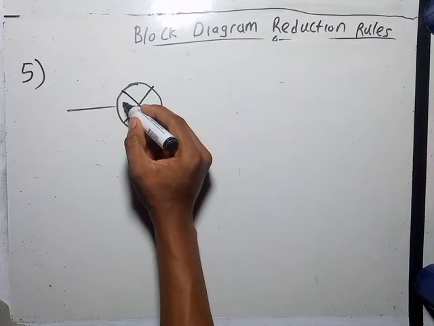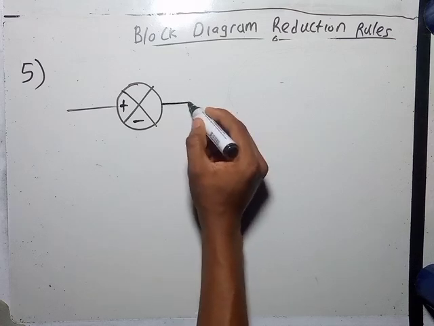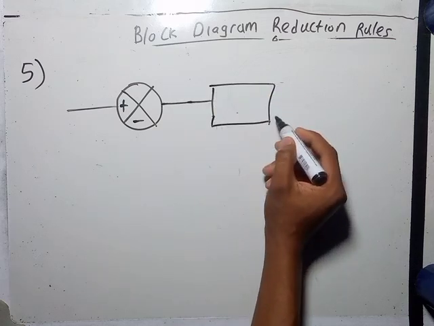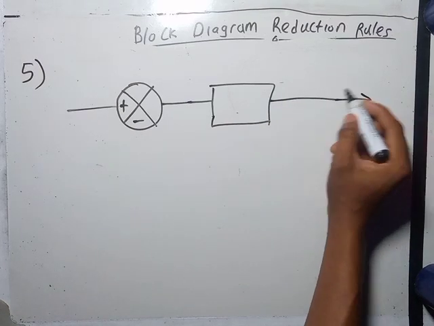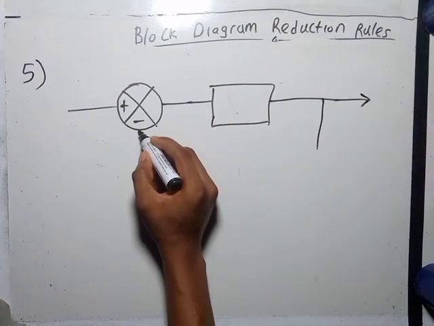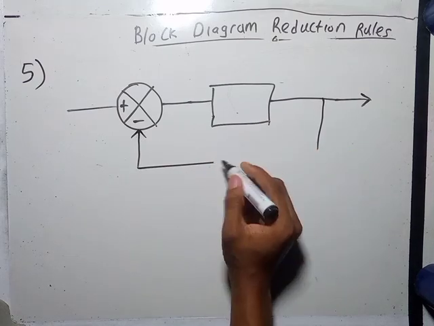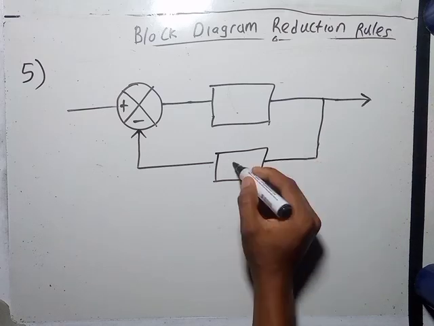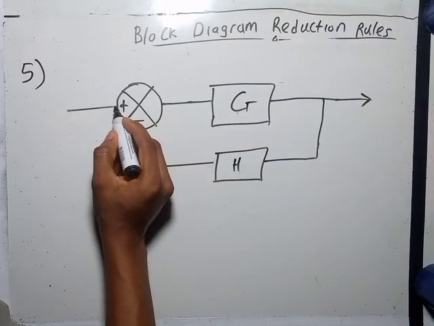When you have, let's say, plus and minus, whatever sign is being given to you, it still follows the normal algebraic pattern.